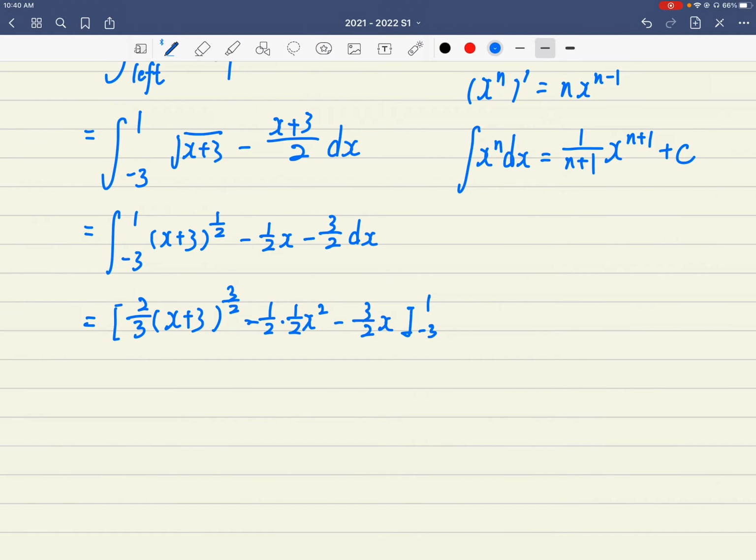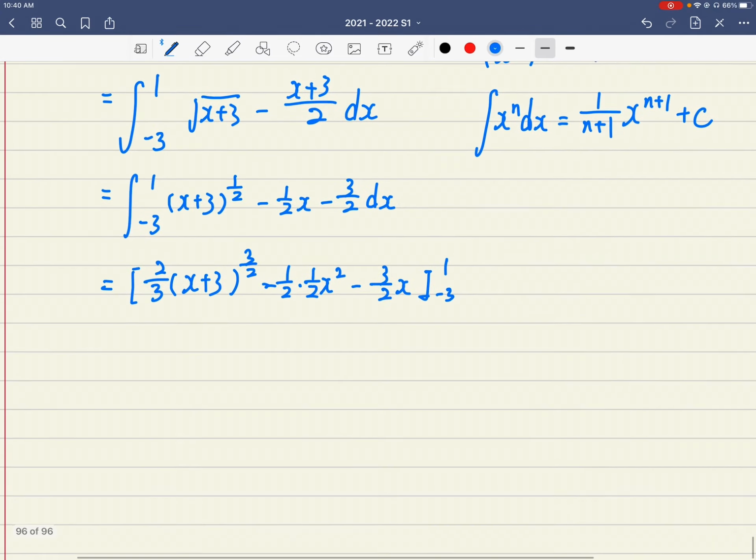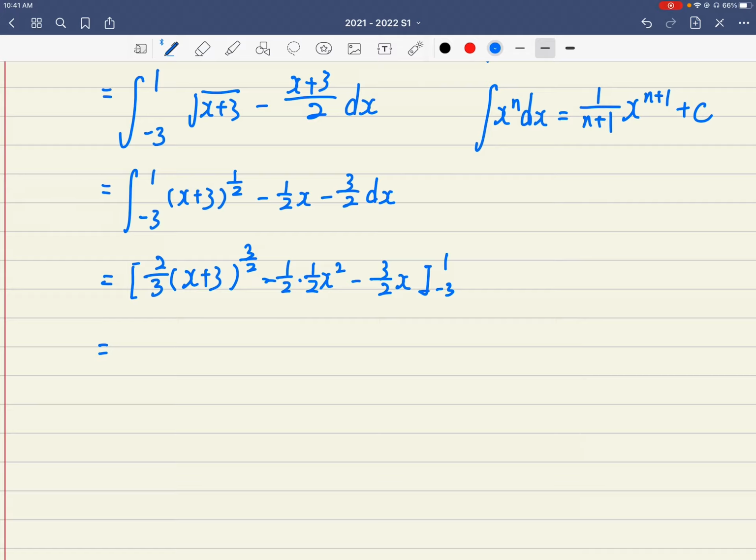And then all you need to do is the substitution. When x is 1, we substitute: 2 over 3 times (1 plus 3) to the power of 3 over 2, minus 1 over 4 times 1 squared, minus 3 over 2 times 1.